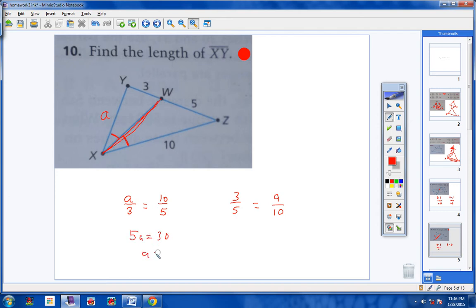So A equals 6. Either way you'll get 6, okay? So the theorem that we learned is if a line is drawn inside of a triangle that bisects the angle, then it divides this side up proportionally with the two sides over here of the triangle.